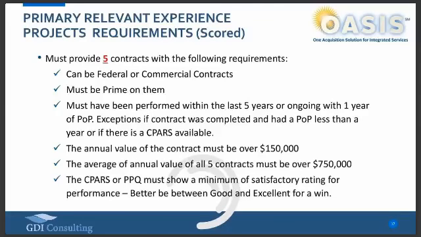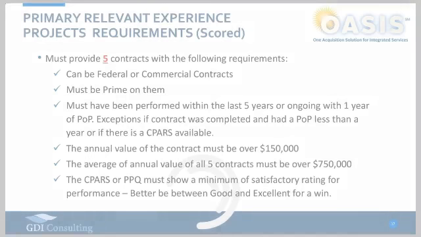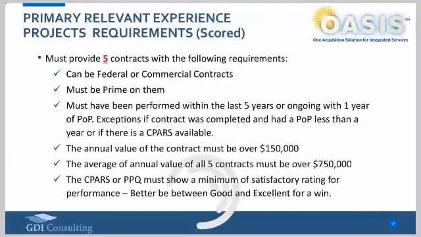Now look at the idea that I'm talking about. I'm saying annual. So this annual means that if, for example, a contract was done for $100,000 and it took 6 months and it's finished, and you have a CPARS, its annual value is $200,000 because it was for 6 months.